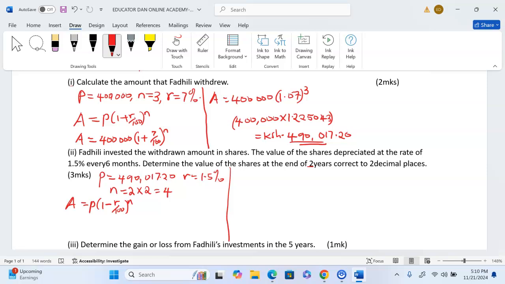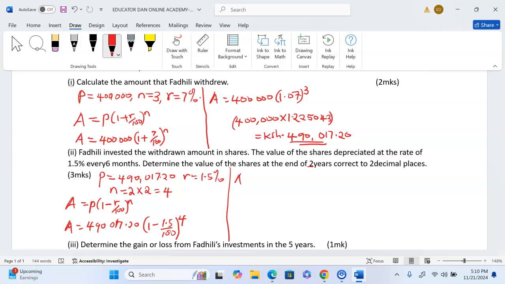So we have amount being equal to the principal, 490,017.20, into 1 minus 1.5 over 100, then we raise this to 4.